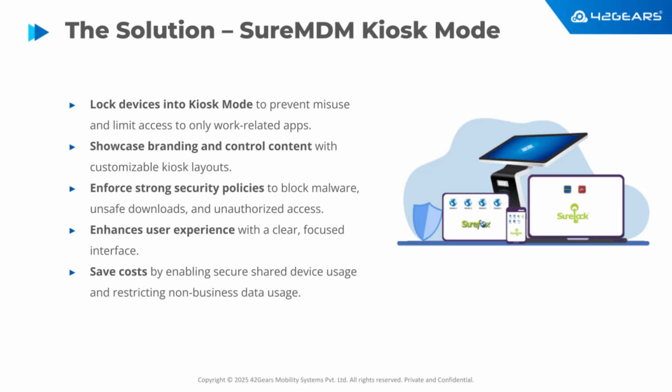Lock devices to just one app or website, or even choose to play media in a loop. Block distractions and prevent misuse with web and app blockers, and allow branding through custom kiosk screens. Apply security policies like blocking unknown downloads or apps, and importantly save cost by reducing support tickets and preventing non-business data usage.